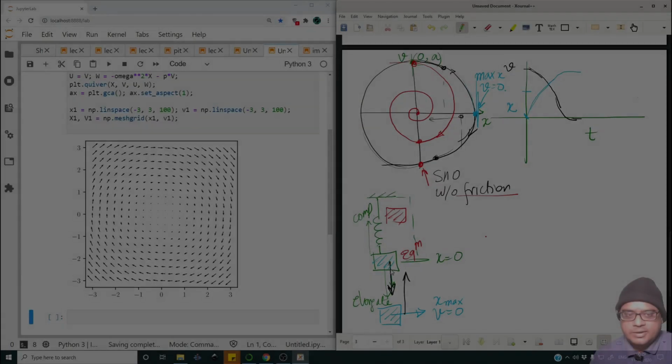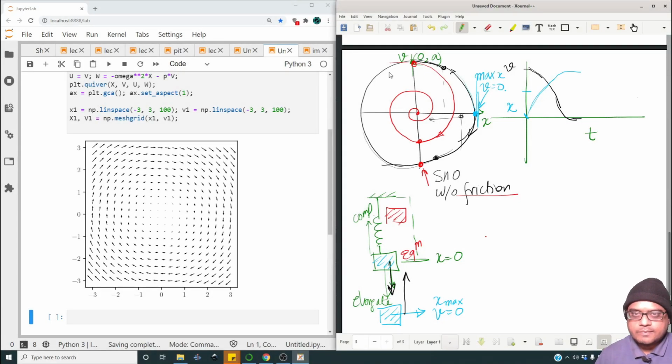While we have obtained the analytical expression for the closed contour in the previous case by dividing the two equations and integrating, we can also make use of the streamline plot in order to plot this particular trajectory for the dissipative case. When there is friction, we don't have an analytical solution per se, but even if we don't, we can use this vector field to integrate numerically and find out how the trajectory will look.